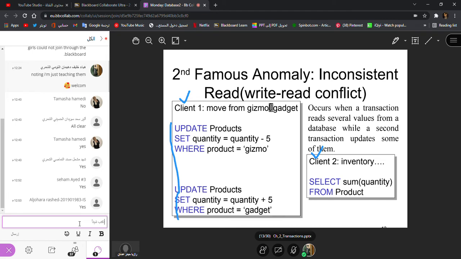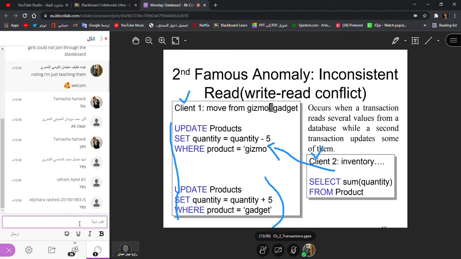So when transaction 1 finished the 3 instructions, transaction 2 came and tried to read some data from here. But it is still not complete because these 3 instructions are remaining, right? So transaction 2 is trying to read the incomplete data from transaction 1, and that will create the inconsistent read.